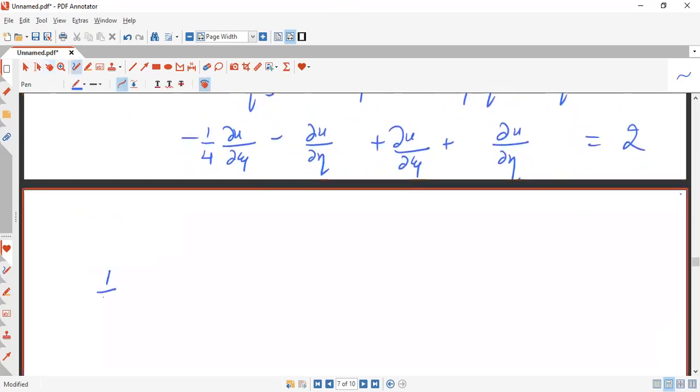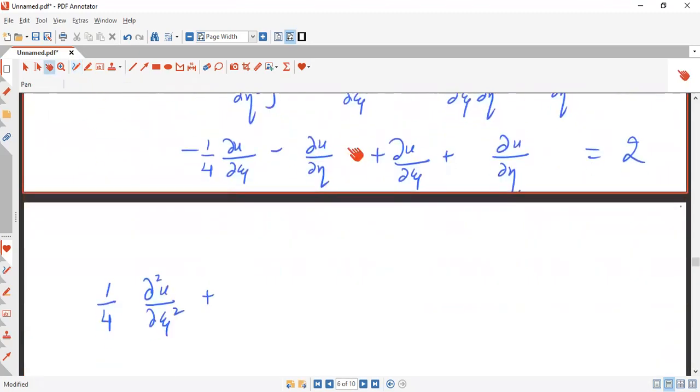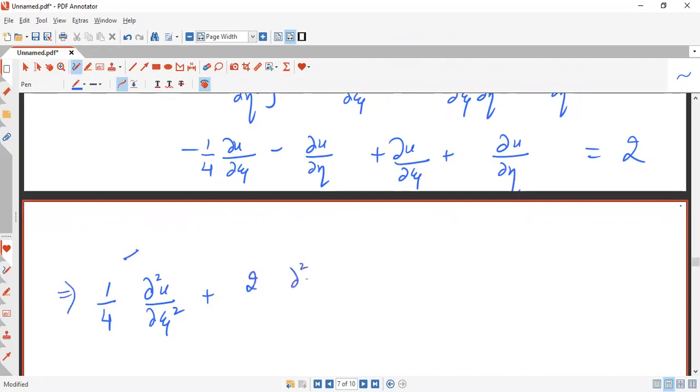So we will extend it. It was 1 by 4 del square u by del z square plus 2 times 2 times del square. I'm solving it here. You try it on your own.